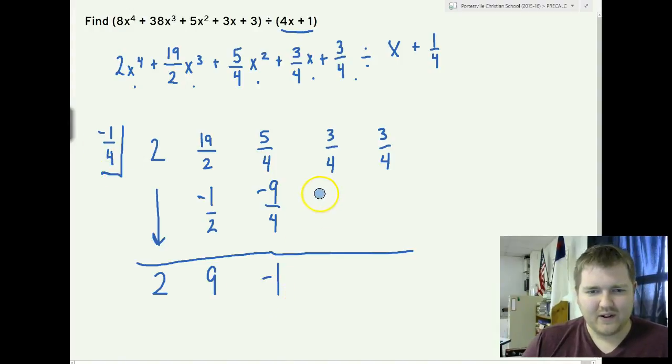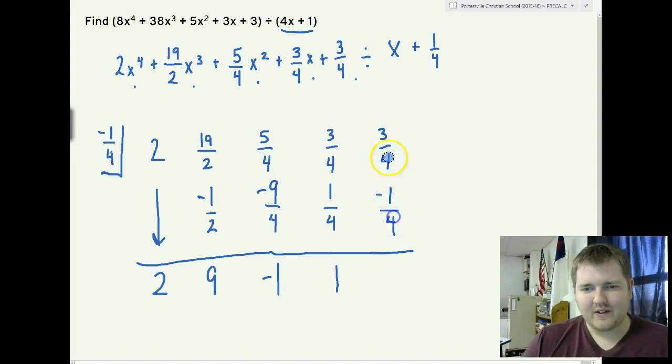-1/4 times -1 is a positive 1/4. 3 fourths plus 1/4 is 1. And again, -1/4 times 1 is -1/4. 3 fourths minus 1/4 is 2/4 or a half, and that is my remainder.